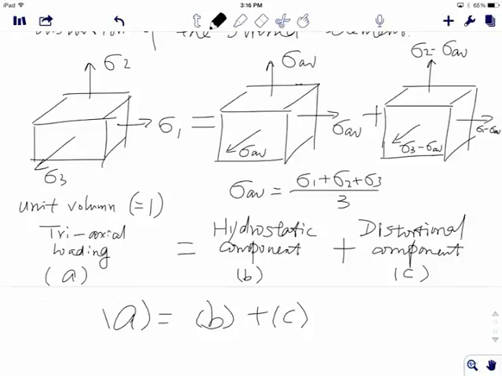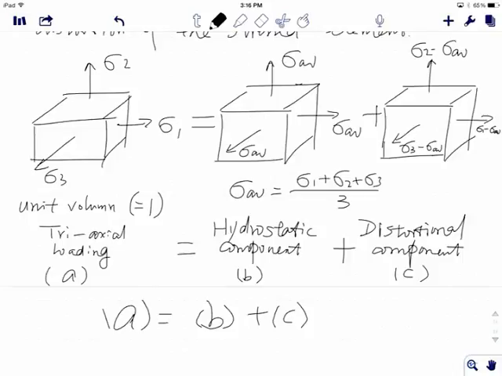Okay, all right. So this hydrostatic component tells you every single axis is the same, right? It goes to the average of the stress: 1, 2, 3 added together, divided by 3. So in this case, you are causing a hydrostatic increase or decrease of the element, right? It's not going to cause any distortion.